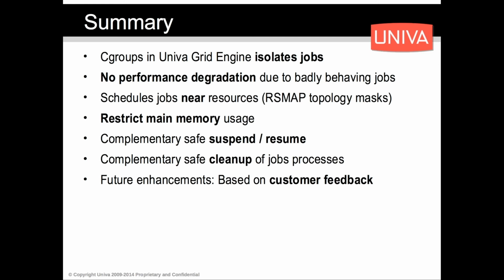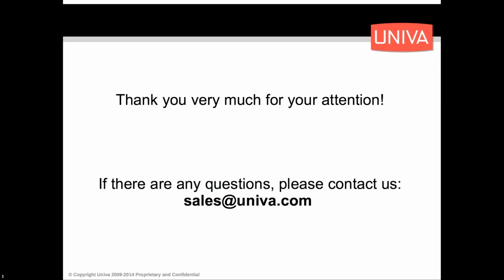It offers a complementary way for safe job suspension and resume, and also a complementary safe way for cleanup of job processes. Finally, we do our future enhancements based on customer feedback. So thank you very much for your attention.